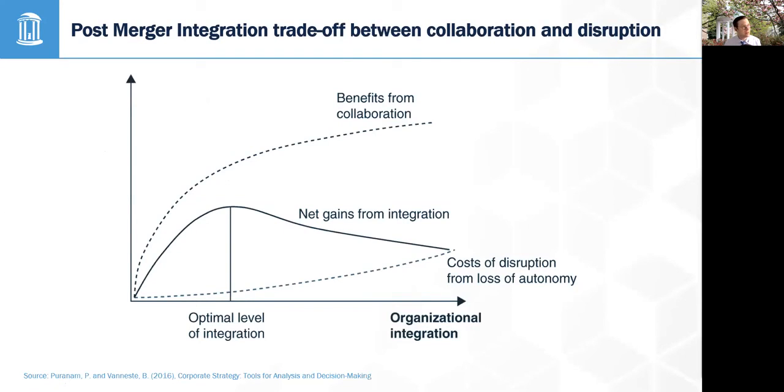Shifting now to acquisitions, there's a couple of specific ways to think about that. Here we're thinking about the optimal level of integration. The key issue here is decreasing marginal benefits from each incremental synergy. So you'll create the most valuable synergies first and get a lot of value from those. And then each additional synergy will probably create a little bit less value than the one before it.